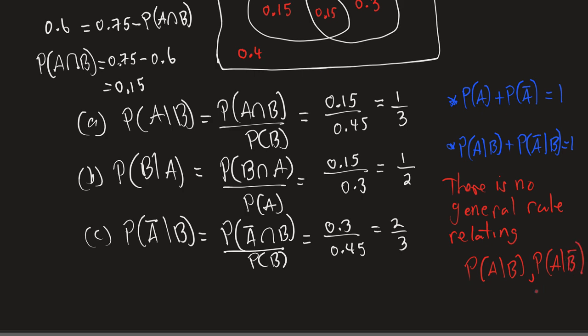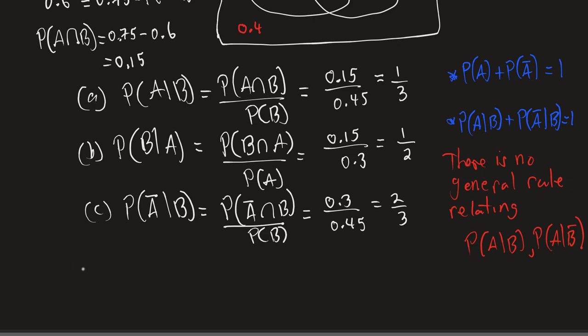So unfortunately, there is no general rule that we could say that, okay, this always happens for these two. We just can't say it. But what we can say is if we condition on the same event, in this case up here B, then the probability of A given B plus the probability of A complement given B must be equal to 1. All right?